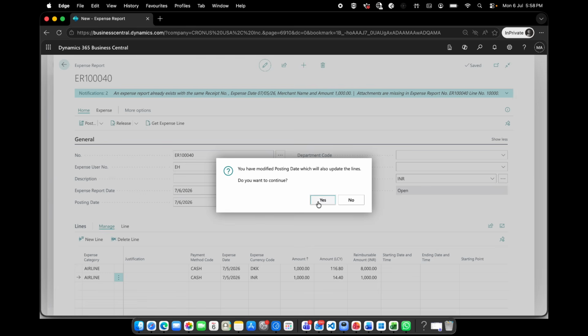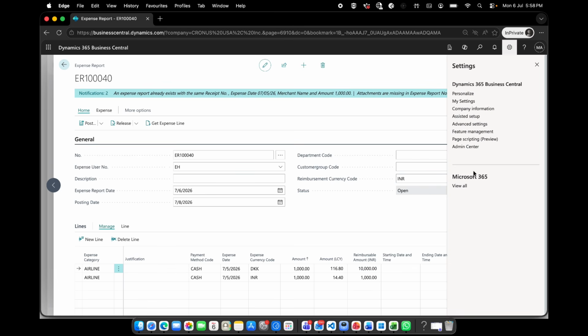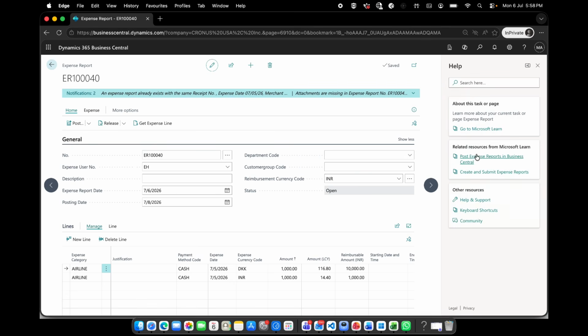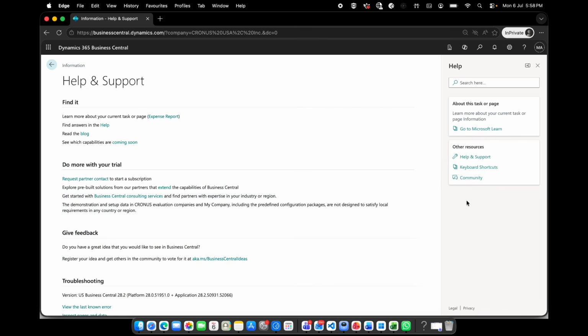If I change the posting date, it will try to recalculate the lines. Let's see what's the currency factor now. It should not be 6 point something because it should be based on posting date now. Why do I keep clicking on this one?